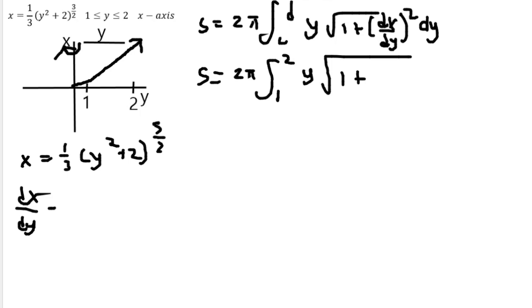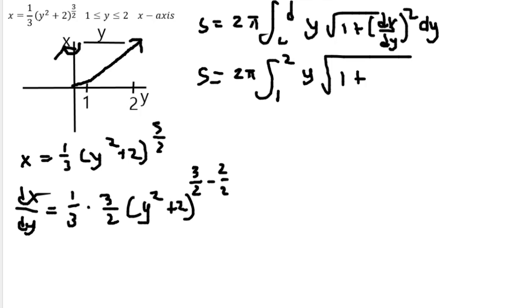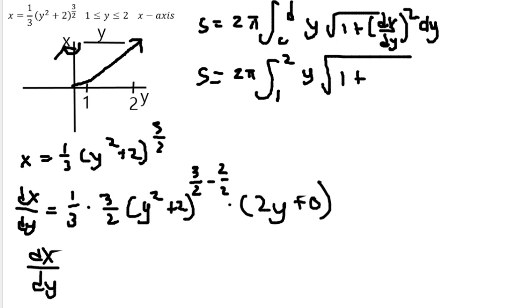So we got dx/dy is going to be 1/3 times 3 over 2 times y squared plus 2, and then let's subtract 1 from the exponent. We take the derivative of the inside function, so we have 2y.